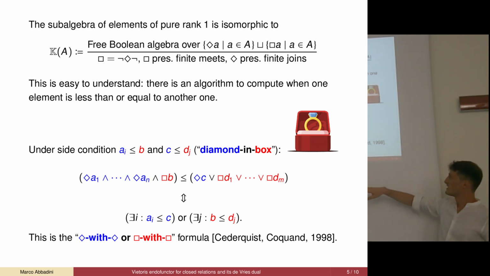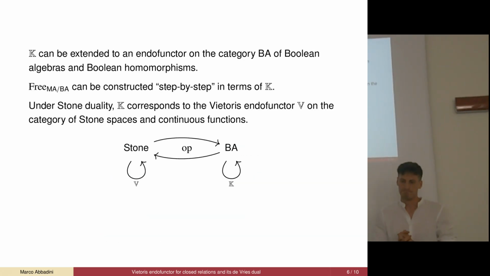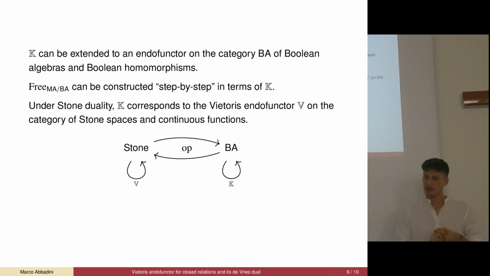This is the formula which can be found in a paper by Sedrak-Kissel-Cohen about the Vietoris construction, because there's a connection between this K and the Vietoris. Indeed, K can be extended to an endofunctor on Boolean algebras and Boolean homomorphisms.